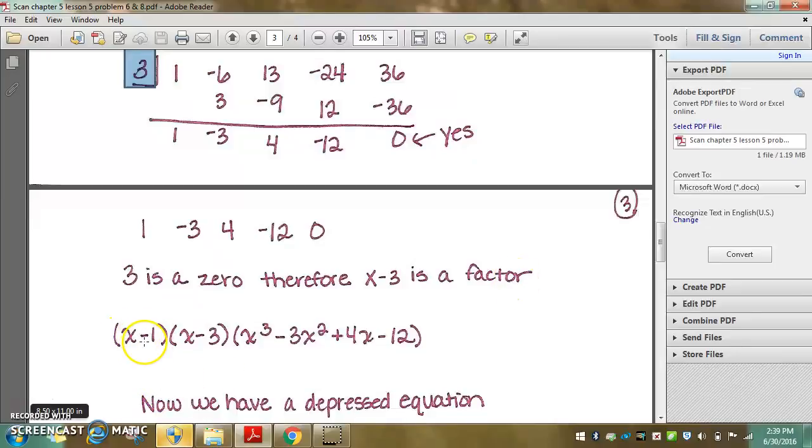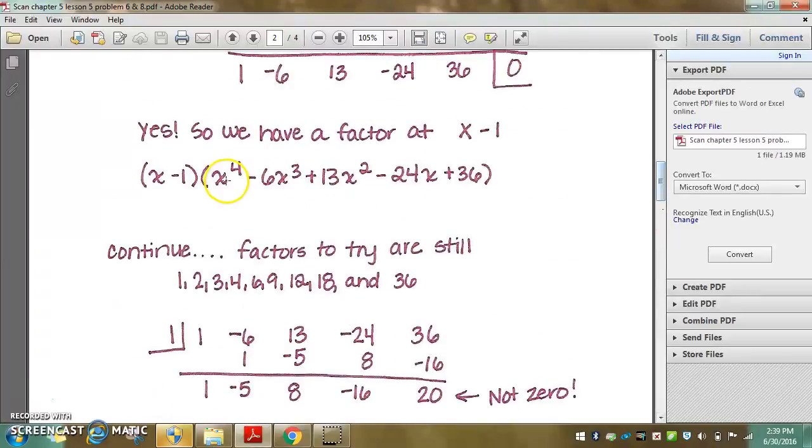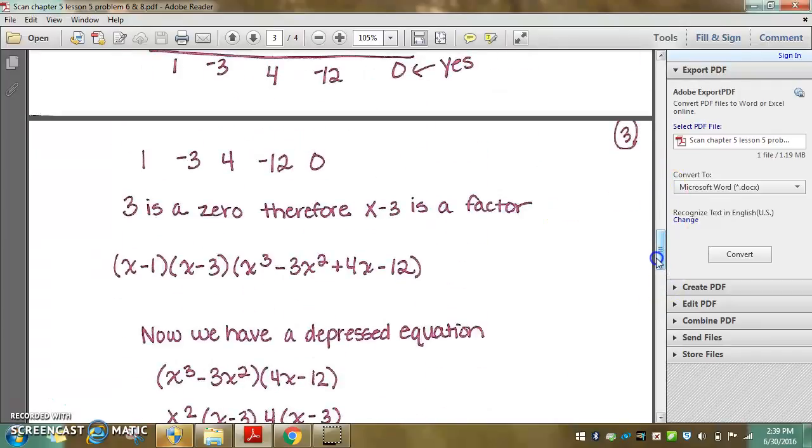We have x minus 1, that's from way up here. We just brought that one along. X minus 3 is also a factor. And now we're going to use these coefficients to rewrite another factor.